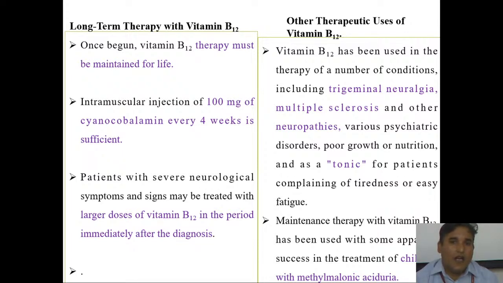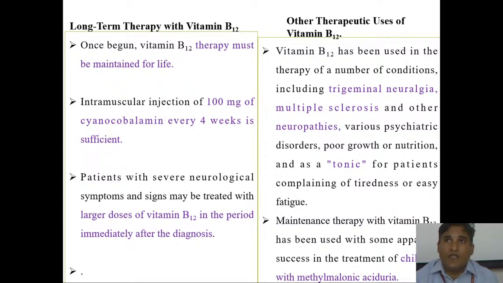Intramuscular injection of 100 mg cyanocobalamin every 4 weeks is sufficient, and patients with severe neurological symptoms may be treated with a larger dose of vitamin B12 immediately after the diagnosis.